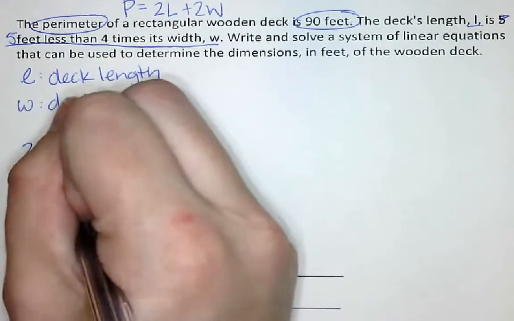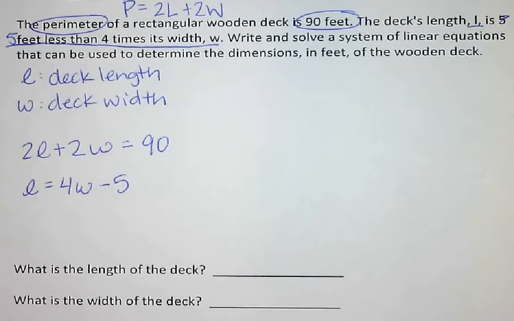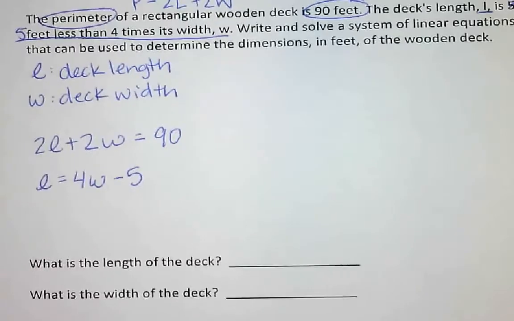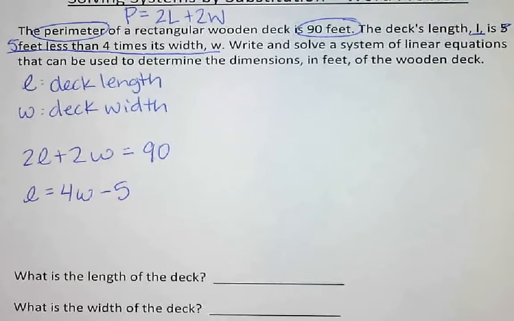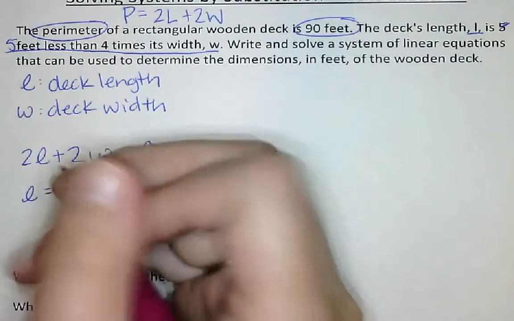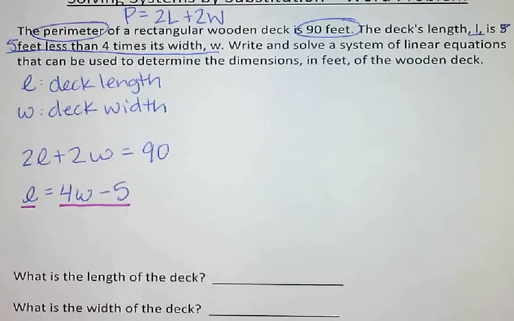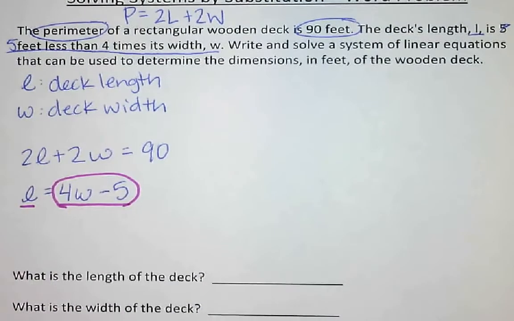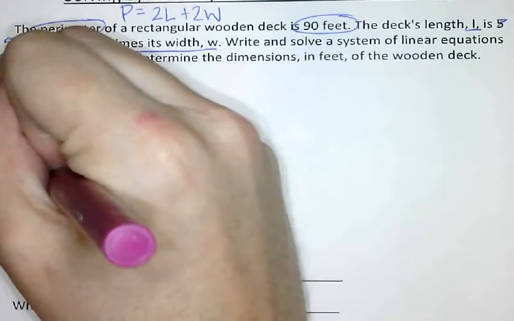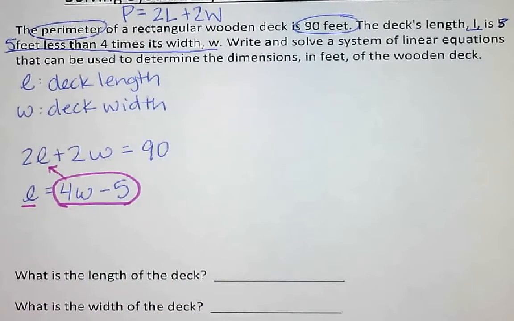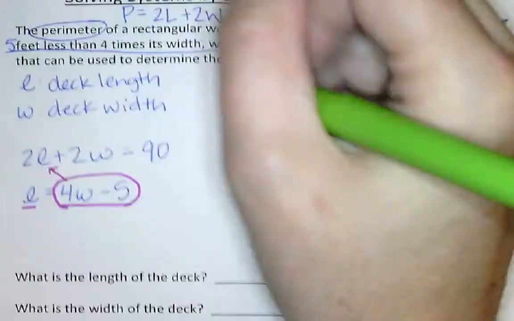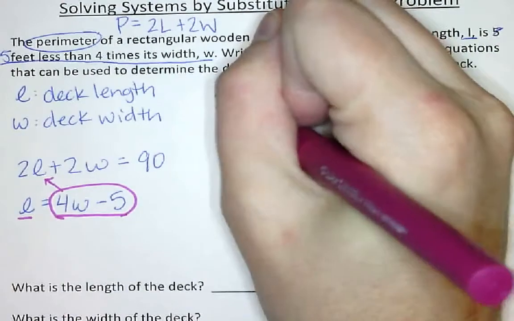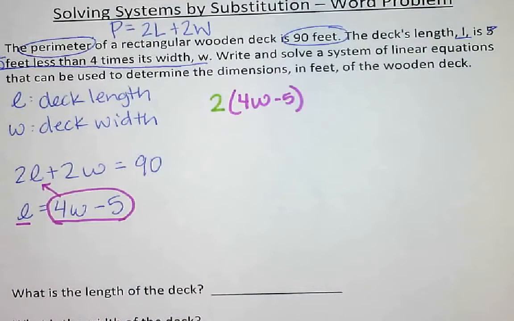Now, do we have 2 equations? We certainly do. And guys, is one of them solved for a variable already? Yes. So guys, our length is solved for this variable, 4W minus 5. So we're going to take our 4W minus 5 and plug it in for the L. So this becomes 2, not times L, but 2 times 4W minus 5 plus 2W is equal to 90.